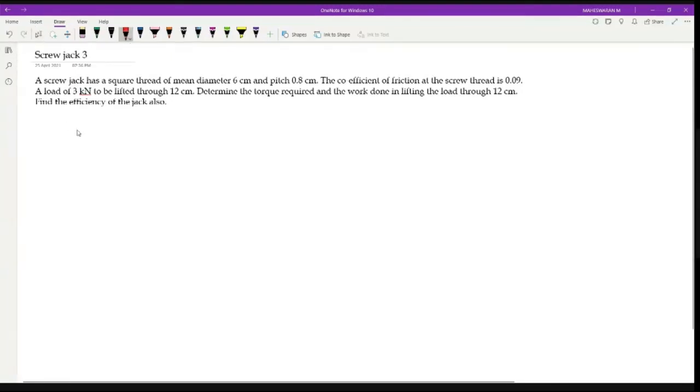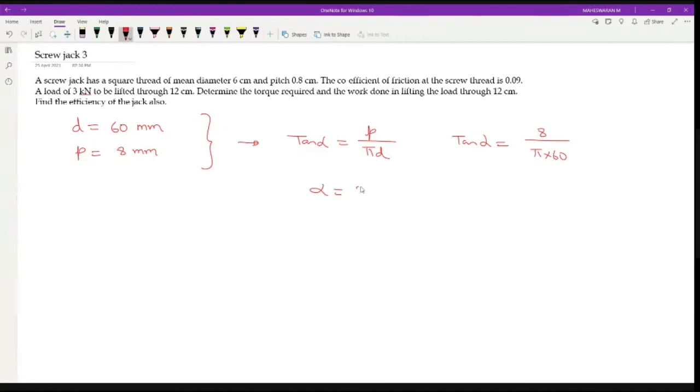So what is your diameter? Diameter is 60 mm. Pitch is 8 mm. As usual, using this you can identify the alpha value. You know that tan alpha is equal to p by pi d, which is tan alpha equals 8 divided by pi into 60. What is your alpha? 2.43 degrees.